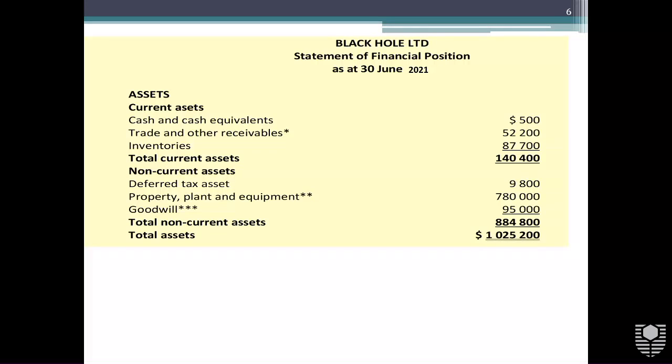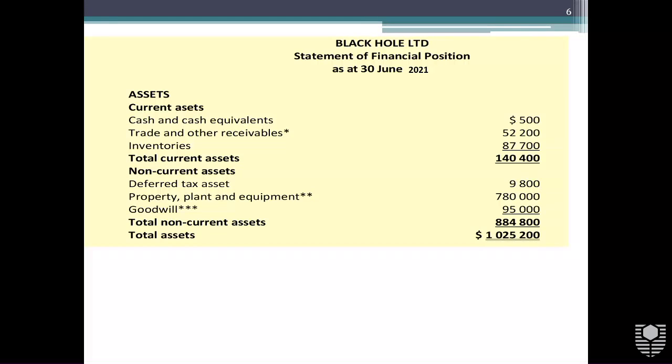Quite often that is over 5 years, 10 years, something like that. That's why, conservatively, we will always put a deferred tax asset as non-current unless we know it's current, and unless we know the breakup between the current and non-current portions. If we are going to get the benefit of part of that within 12 months, we should take it out of that 9,800 and put it into the current.